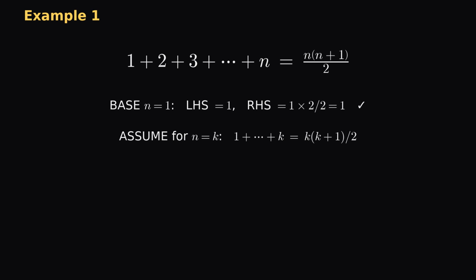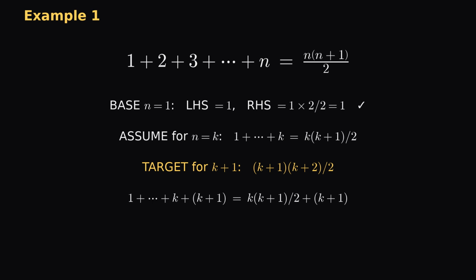So 1 plus 2 up to k is k times k plus 1 over 2. And write down the target before you start. For k plus 1, we want k plus 1 times k plus 2 over 2. Now the step. Take the sum up to k and add the next term, k plus 1.